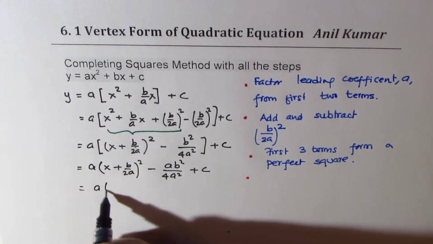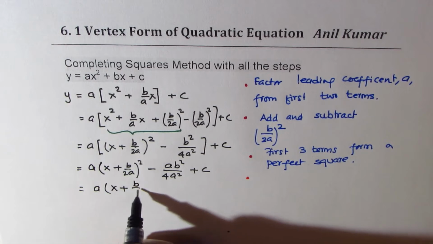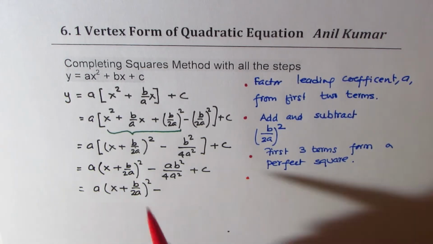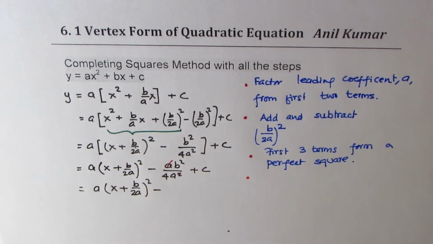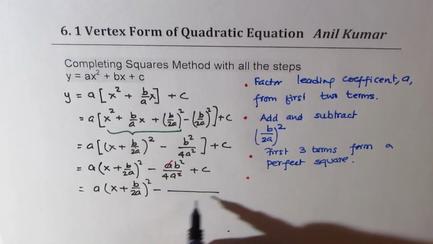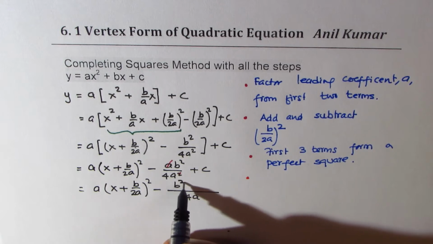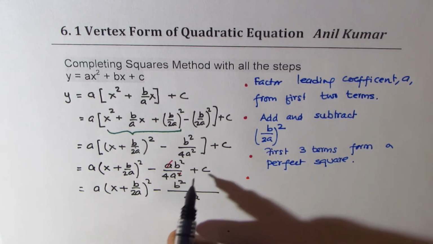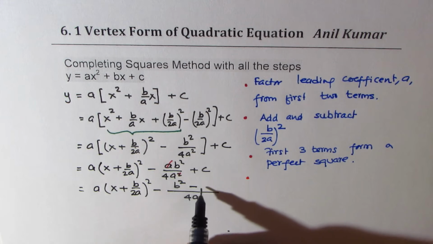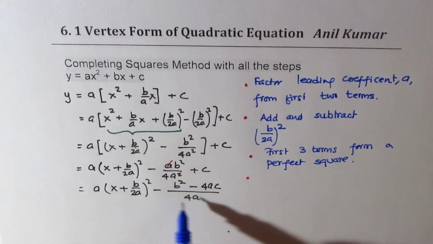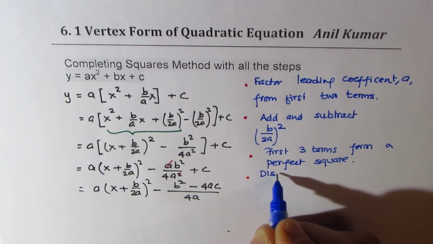So we get a times (x plus b by 2a) whole squared minus. Now you could cancel one of the a's, you get b squared over 4a. So if I take a common denominator of 4a, I get what? I get b squared. Now since I took minus outside, this becomes negative 4ac. Perfect. So you combine the constants, right? Distributive property.